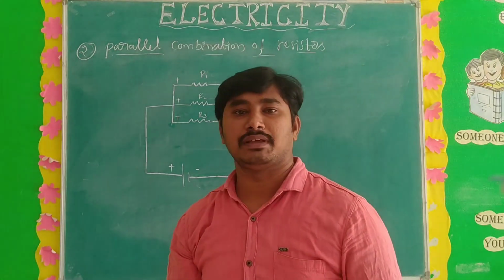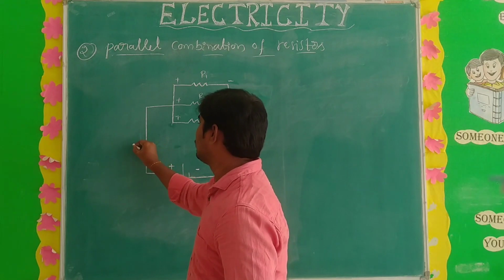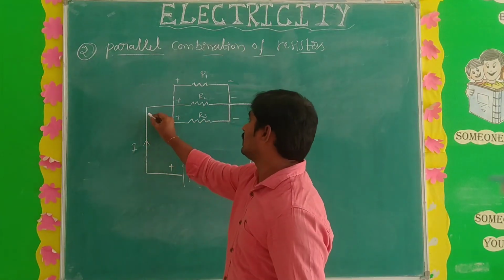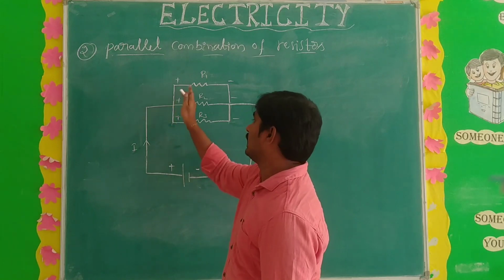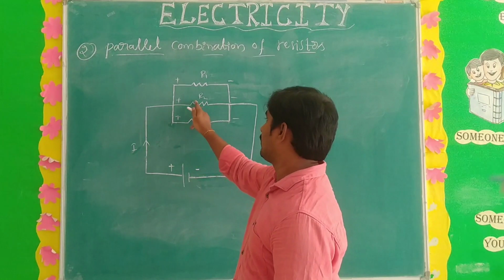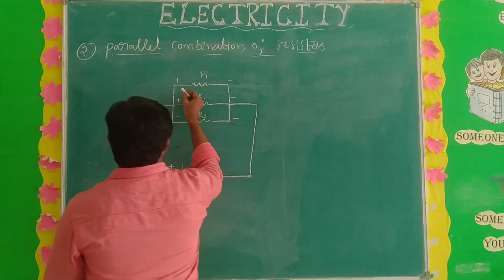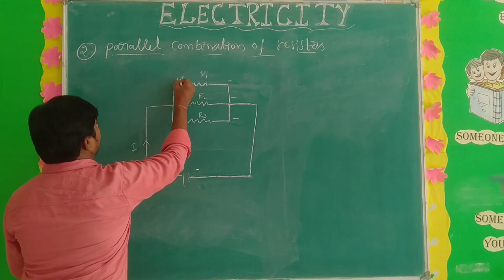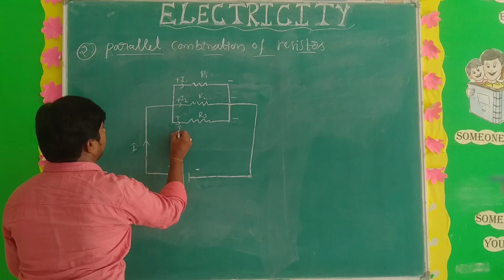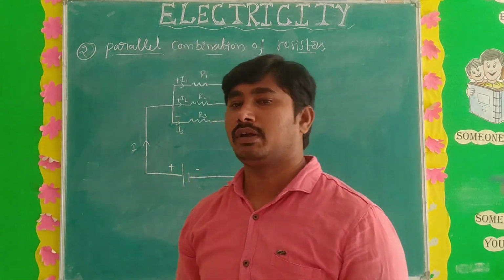In the parallel combination of resistors, the current goes like this. When the current reaches here, it automatically divides into three ways. Why? Because different resistors take different current: I1, I2, I3.